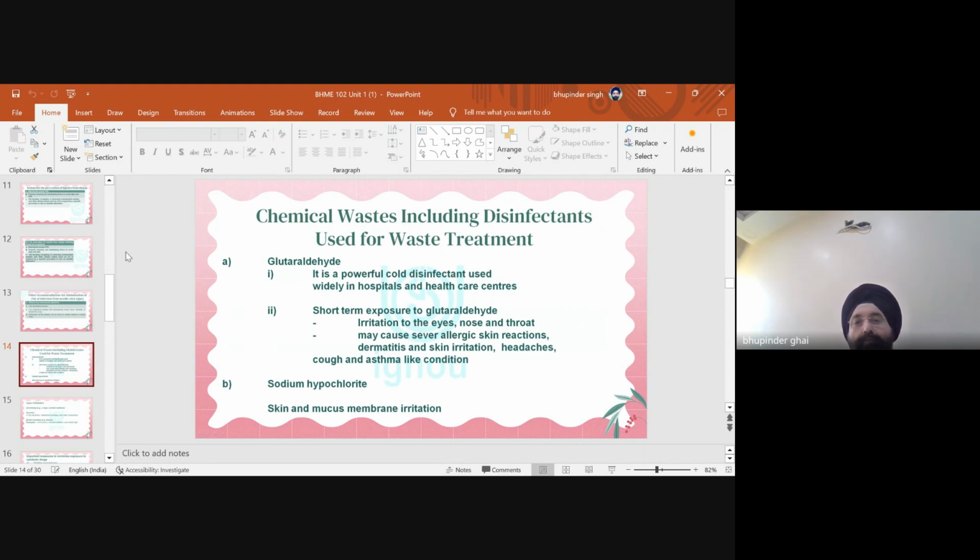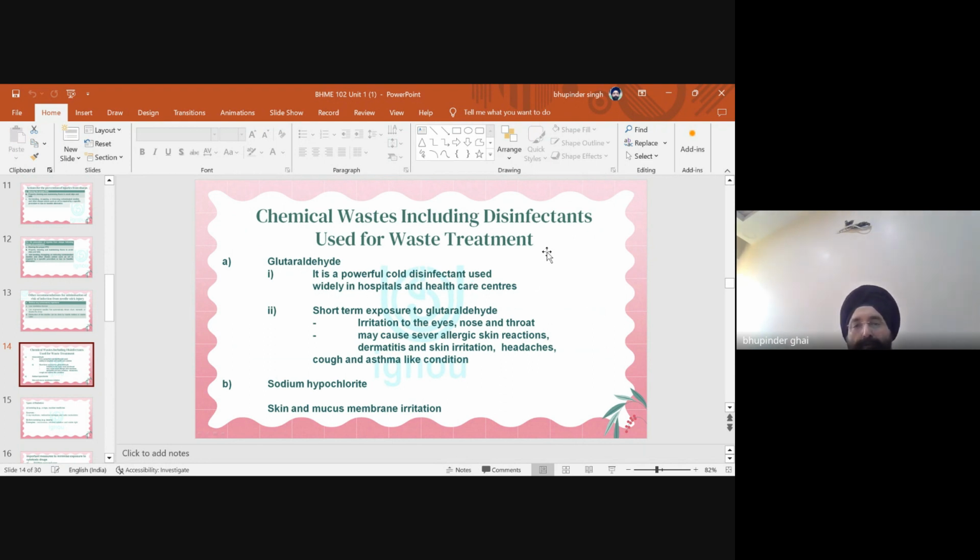Now, chemical waste, including disinfectant, used for waste treatment. As you know, a lot of chemicals are used at the healthcare facility, either for disinfectant or for bleaching purposes. One of them is glutaraldehyde, then sodium hypochlorite. Glutaraldehyde is a powerful cold disinfectant used widely in hospitals and healthcare centers.